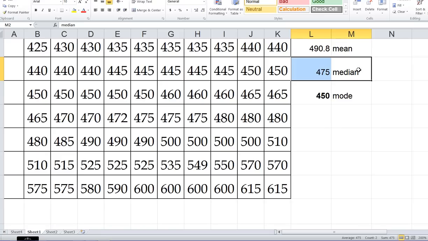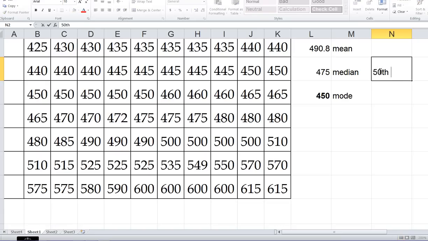And we have one percentile here. The median is also what we call the 50th percentile. And it's the 50th percentile because 475 is a number where 50% of the data are less than it. So the median is the same thing as the 50th percentile.